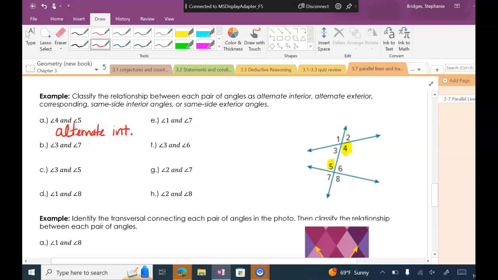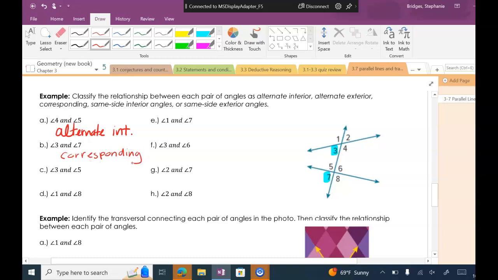And again, I usually abbreviate with ALT INT, but I wrote the whole thing out this time. All right, let's take a look at 3 and 7. Corresponding, yes. They're in the same place, but on the two different lines. So we're going to go corresponding.